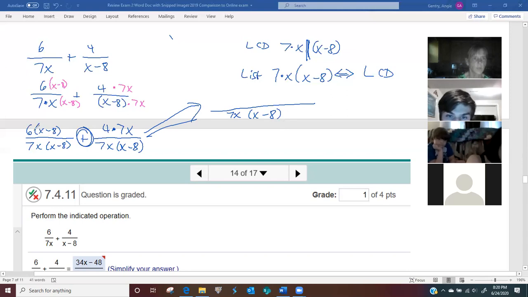But in the numerator, I need to distribute through, otherwise I can't combine these things. You see how there are going to be like terms to combine: 6x minus 48 plus 28x, yes? So do not cancel this stuff. Okay, and then 6x plus 28x combines.